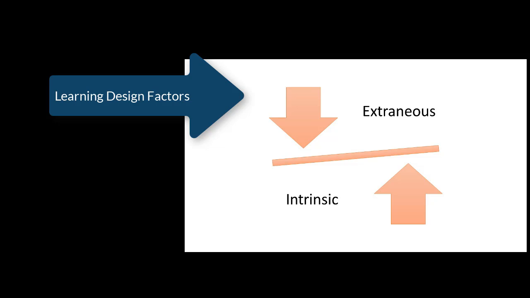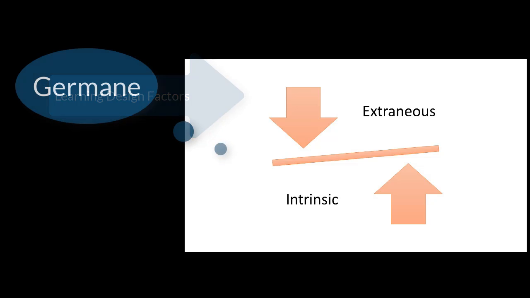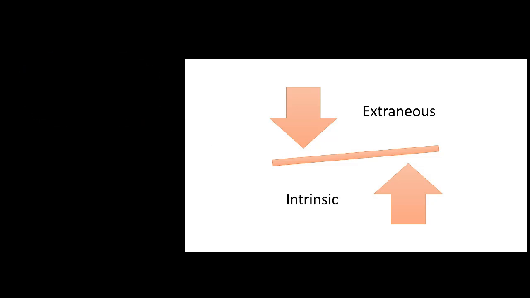Some methods of teaching or instructional design create too much extraneous load, and that interferes with the effectiveness of information processing. Information that is relevant or supportive of learning is called germane. The objective in learning design should not be to eliminate cognitive load entirely.